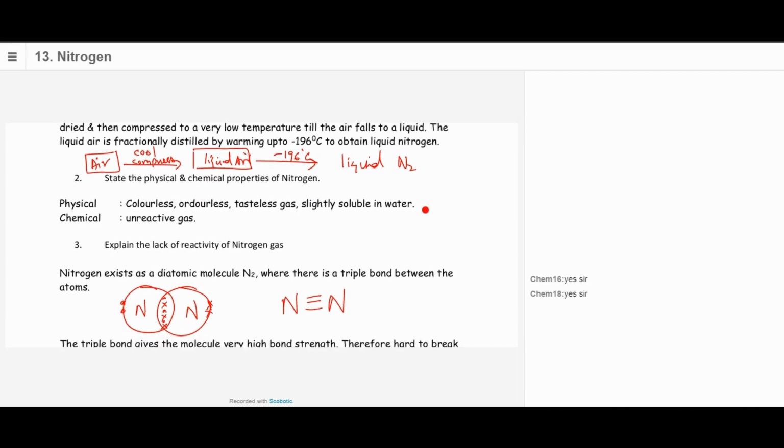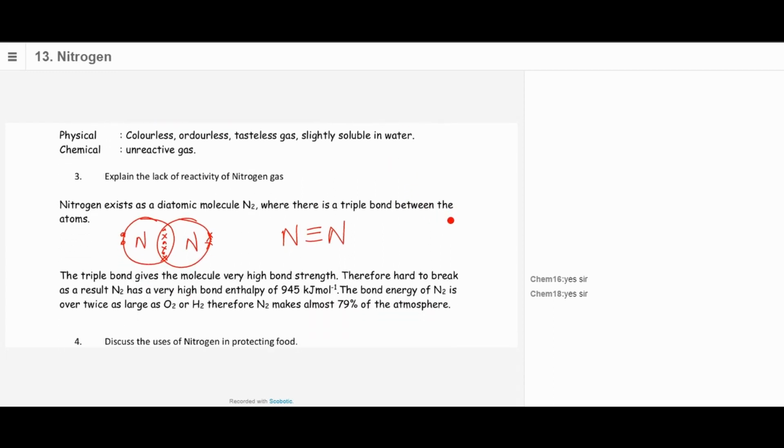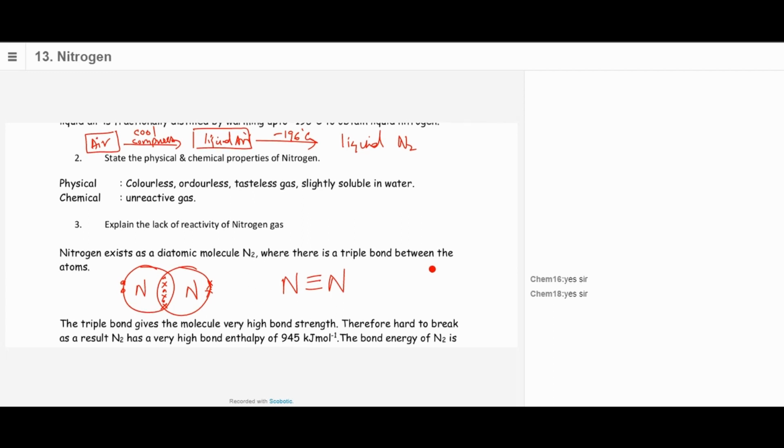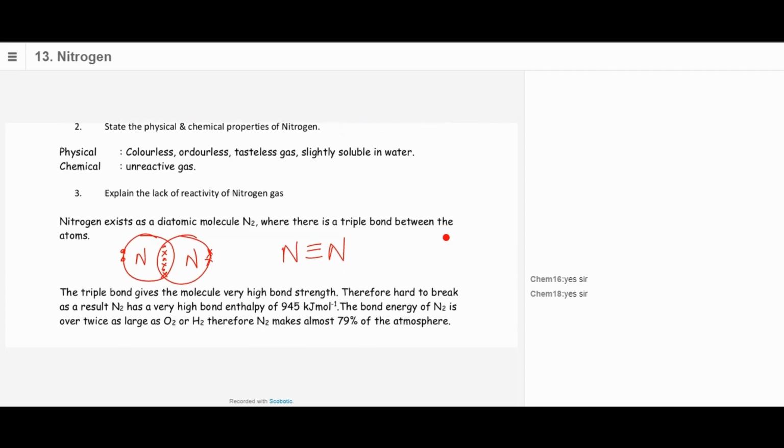This lack of reactivity of nitrogen is due to the presence of the triple bond. Nitrogen exists as a diatomic molecule, N2, with a triple bond between the nitrogen atoms. This triple bond makes nitrogen fairly unreactive, with a very high bond strength, very hard to break. In fact, the bond enthalpy of the nitrogen triple bond is about 945 kilojoules per mole, right?